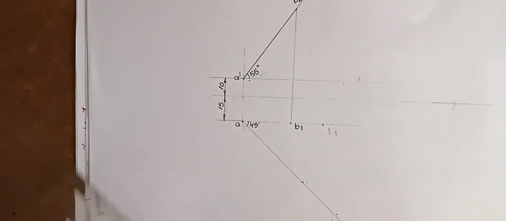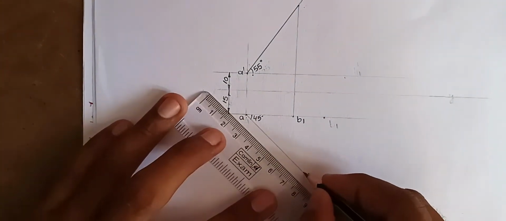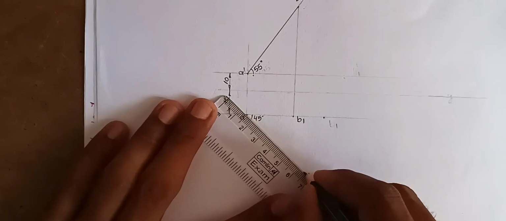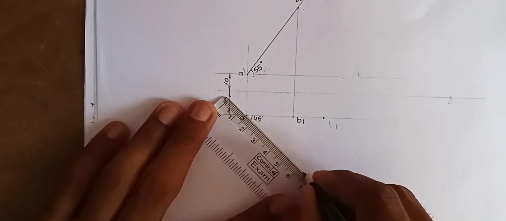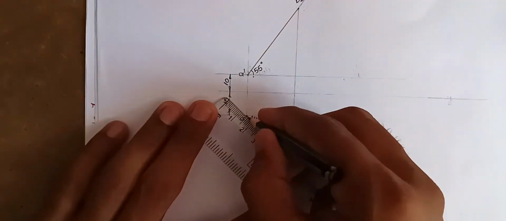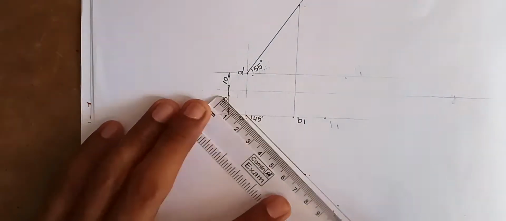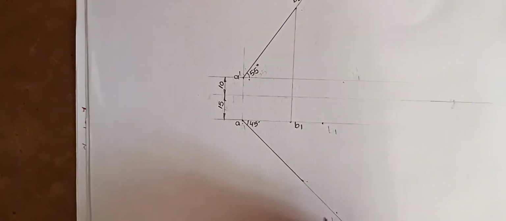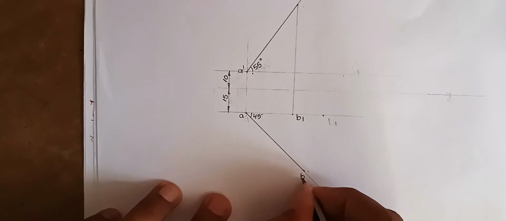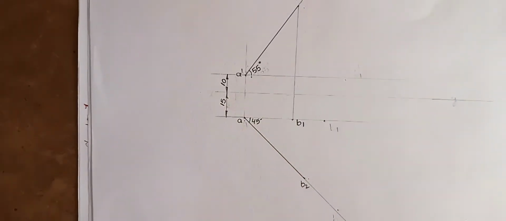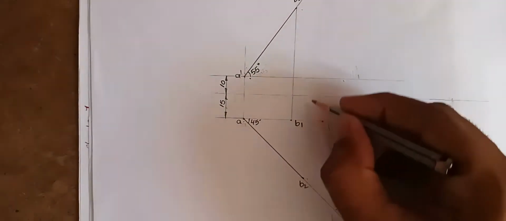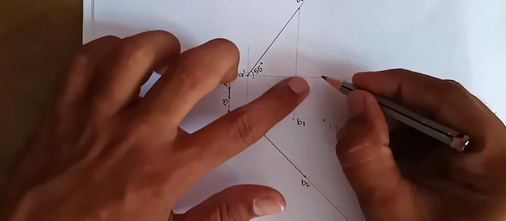So that is the 50 mm line, students. Now I am making that line somewhat thicker, not that much thicker, students. Now that line is B2. Okay, next.